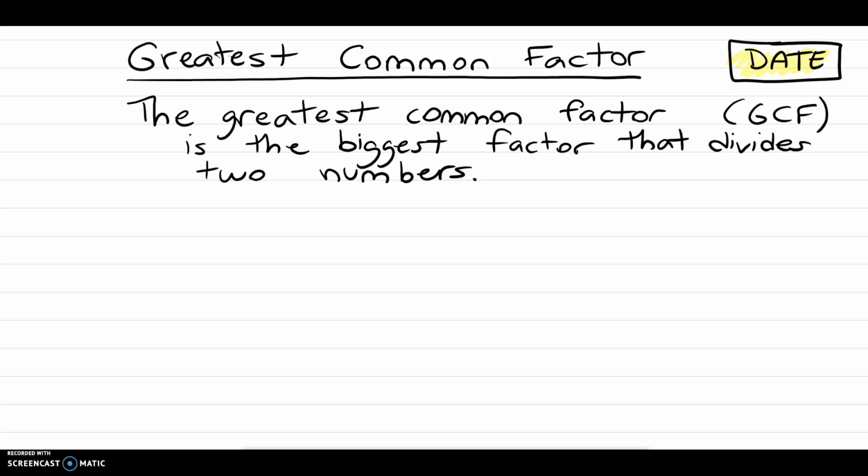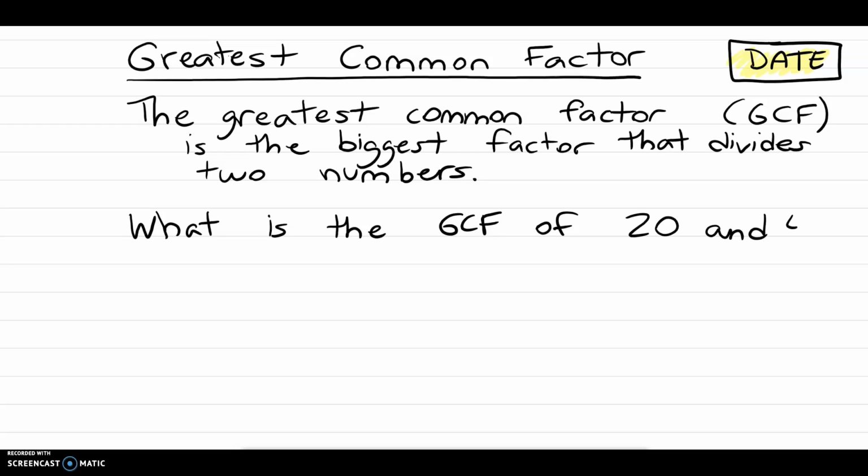So let's take a look, and let's say I asked you, what is the GCF, or the greatest common factor, of 20 and 40? So this time with factors, we're going to list the ways that we can multiply to get to 20 and also to get to 40.